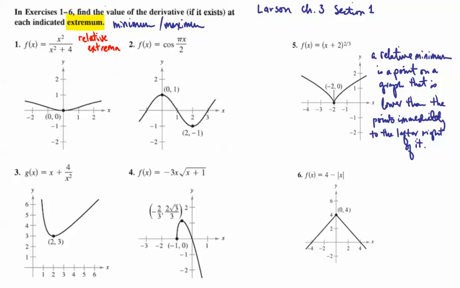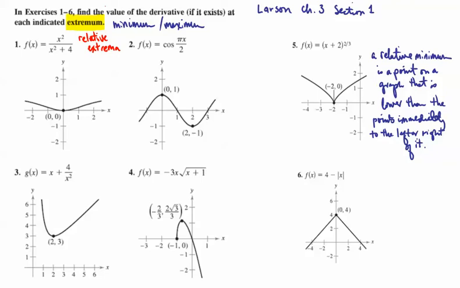So a relative minimum, if you look at example 5 there, at -2, 0, that point is lower than the points immediately to the left or to the right of it. So we call it a relative minimum.